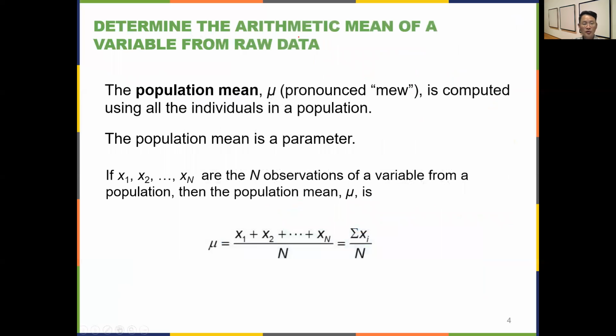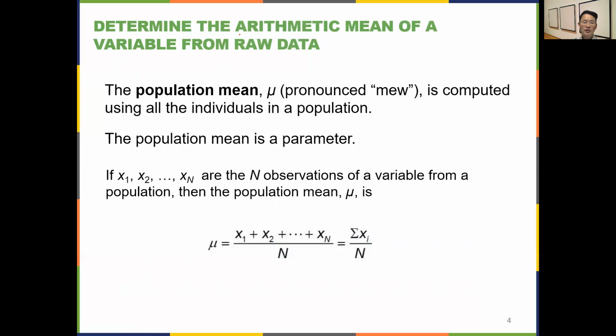Okay, so now, what was the topic for today's class? Measures of center of data, right? So we are doing what? We are looking for one number that best describes the entire data.